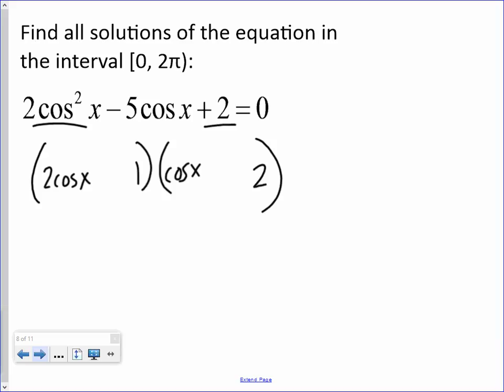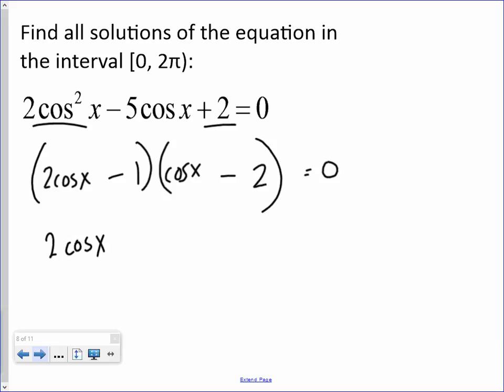Should be 1 and 2, so that I get 4 cosine x and 1 cosine x for outsides and insides. And in order for it to be negative, they should both be negative. That will still give me a positive 2 at the end. So factor the trinomial. Then set your 2 factors equal to 0.